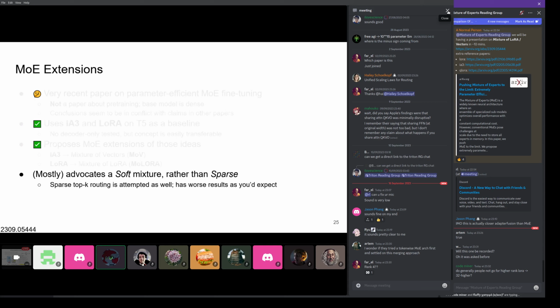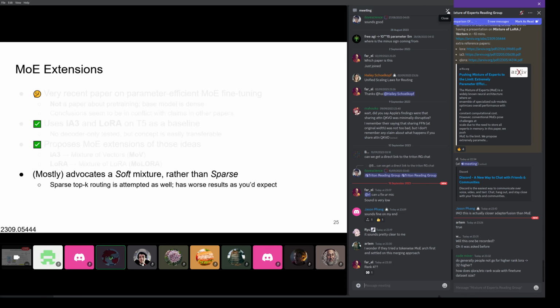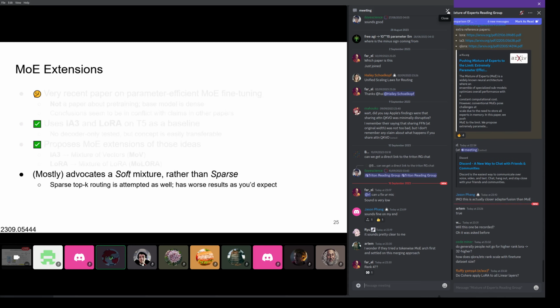I feel like it would be nice if we could start trying to use mixture vectors, but given this huge discrepancy, I just do not know how much to trust the outcome.